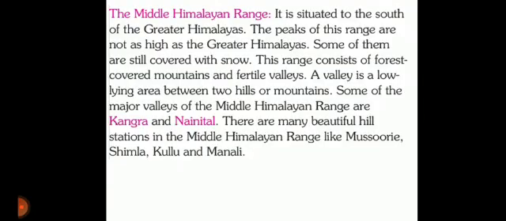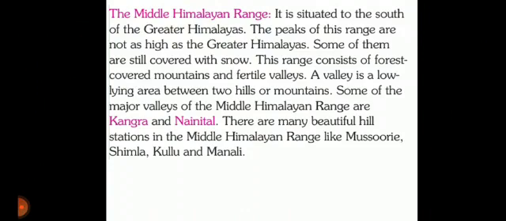The next parallel range is the Middle Himalayan range, also known as Himachal. It is situated to the south of the Greater Himalayas. The peaks of this range are not as high as the Greater Himalayas, though some of them are still covered with snow. This range consists of forest-covered mountains and fertile valleys.